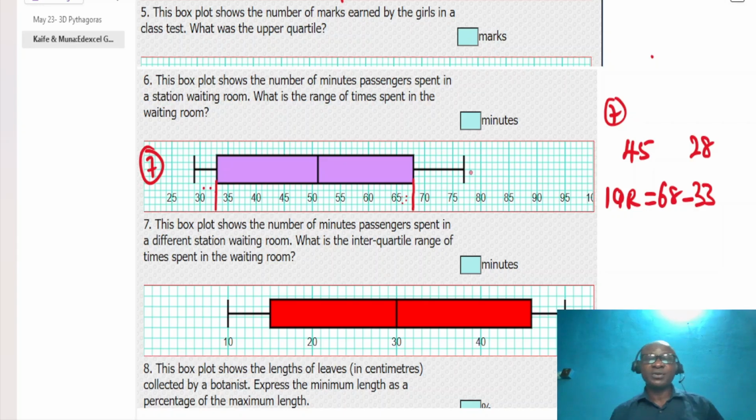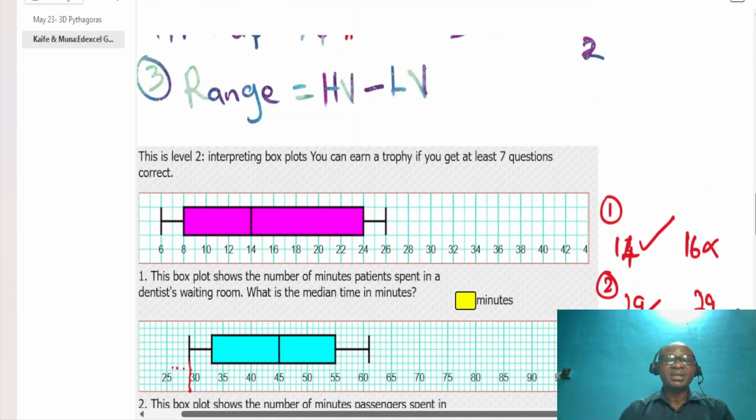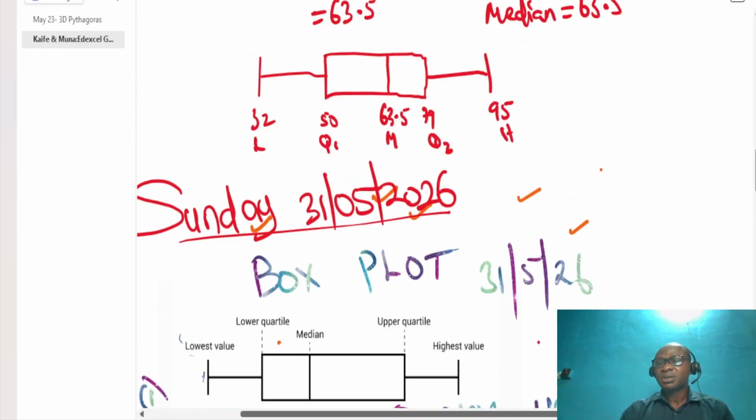So both of you did not get it right. Upper class boundary minus lower class boundary. The correct answer is 35. So 45 is wrong, 28 is wrong. Please look at it and ask me a question if you have any. See the formula here. I didn't change the goalpost from what I gave you.